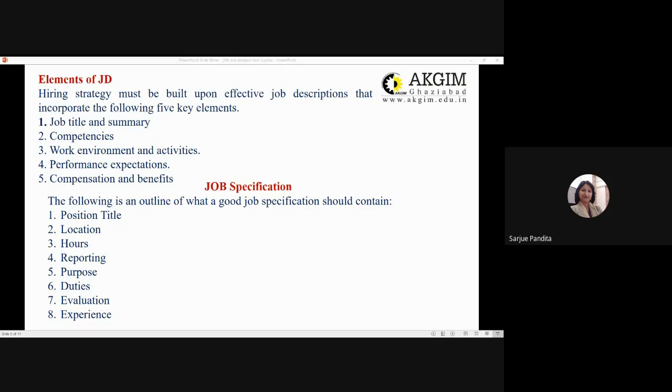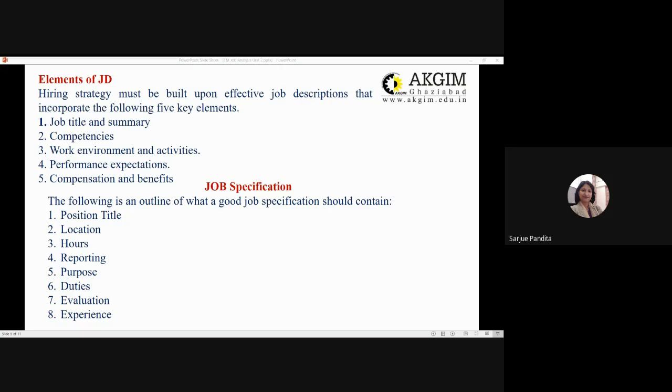Reporting, again, who will be the position holder and to whom he will be reporting, forms a very, very important part of your job specification. Because in addition, laying out any man management responsibilities will be an important part of the job specification.